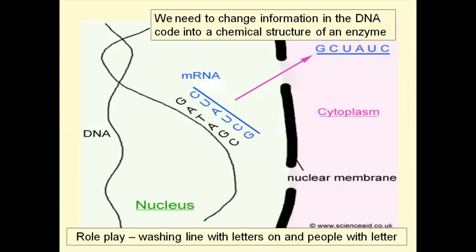So over here, uracil is complementary to adenine. The process of translation takes place outside of the nucleus, in the cytoplasm. And remember that this compartmentalization happens in eukaryotes only.